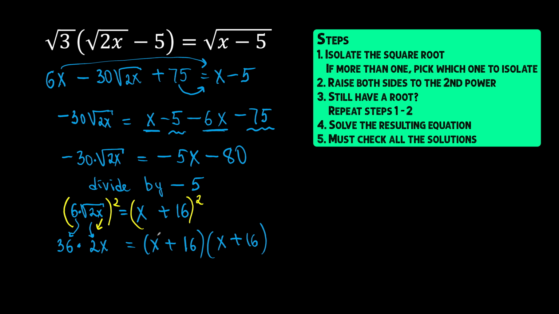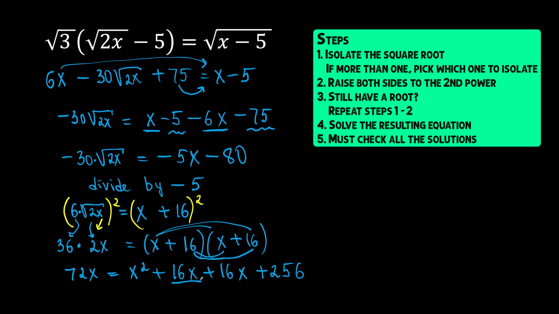Very good. Now I'm going to just use the distributive property. Let's do it. 36 times 2x will have 72x is equal to x times x is x squared plus x times 16 is plus 16x. Now right here, 16 times x is plus 16x. And then be careful, 16 times 16 is plus 256.